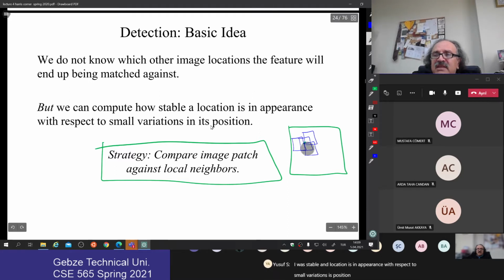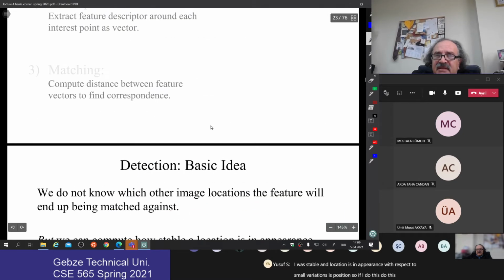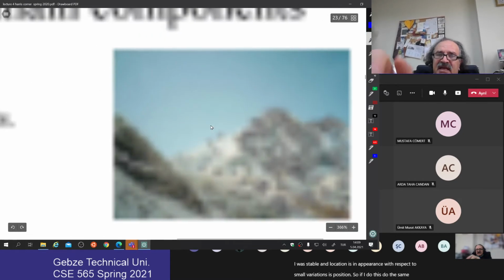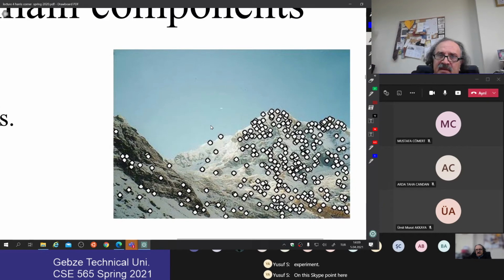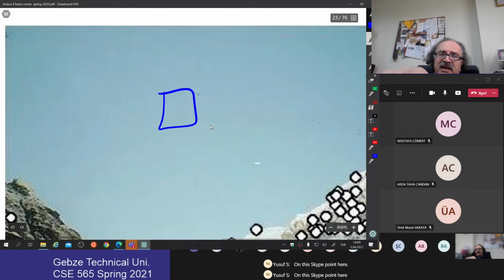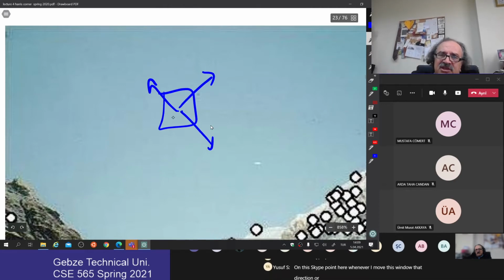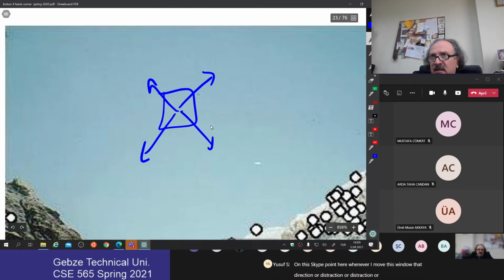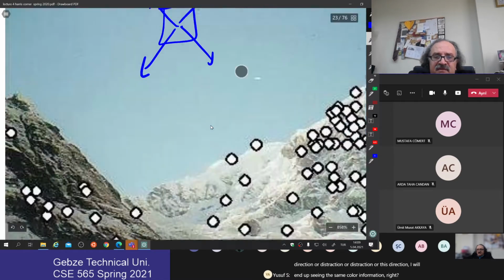So if I do the same experiment on this sky point here, wherever I move this window, in this direction or that direction, I will end up seeing the same color information, right? So this point is not distinctive.